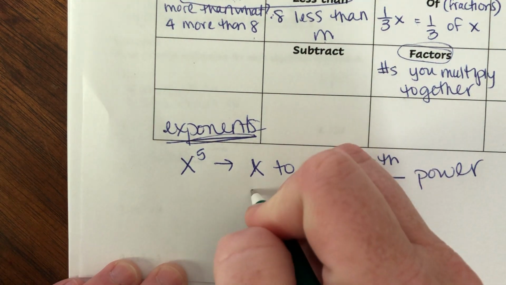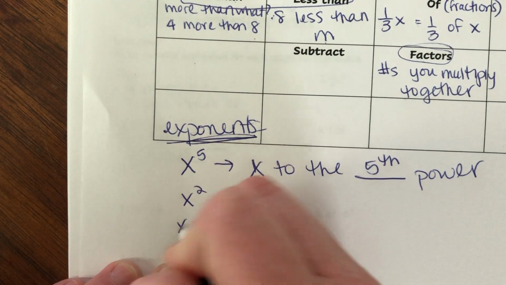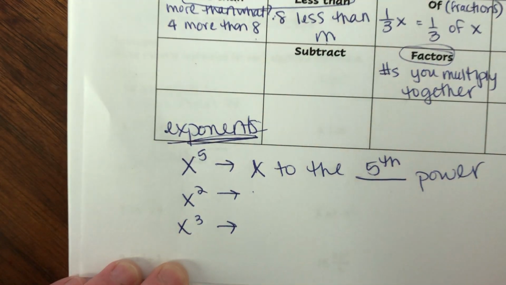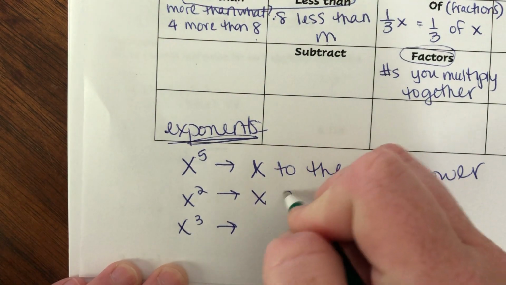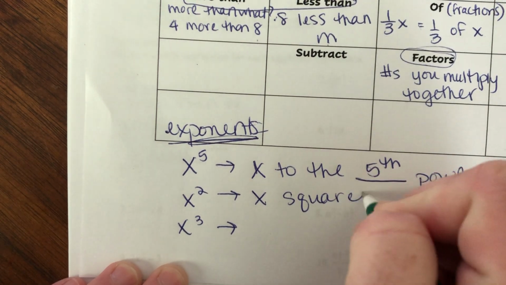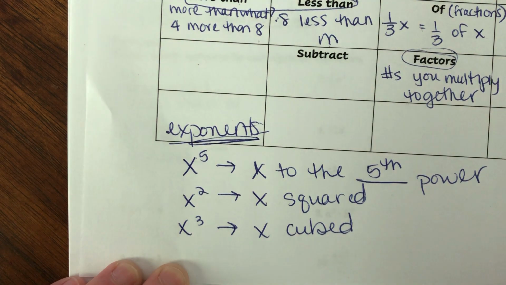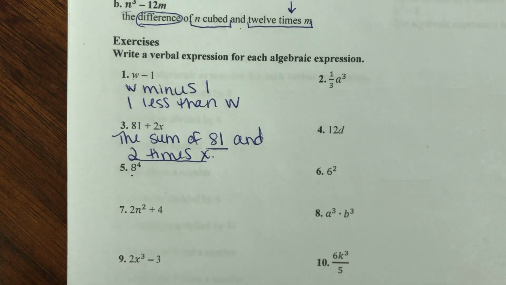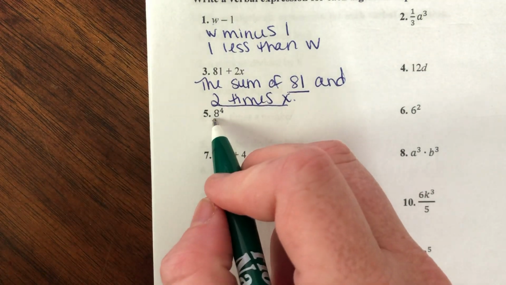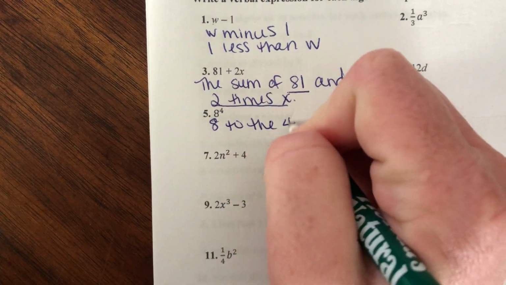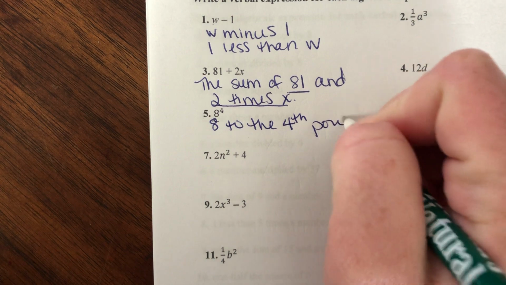If it's a 2 or a 3, you can say squared or cubed, but anything more than that, you have to say to the 4th power, to the 5th power, whatever. X squared if there's a 2, x cubed if there's a 3. So here we can say 8 to the 4th power.